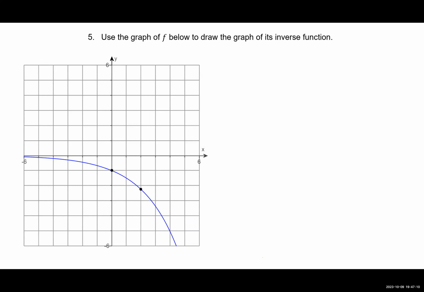Now, what does the graph of the inverse look like? Well, this is going back to the idea that the inputs of one are the outputs of the other, and the outputs of one are the inputs of the other. So the x values for a function are actually the y values of the inverse.